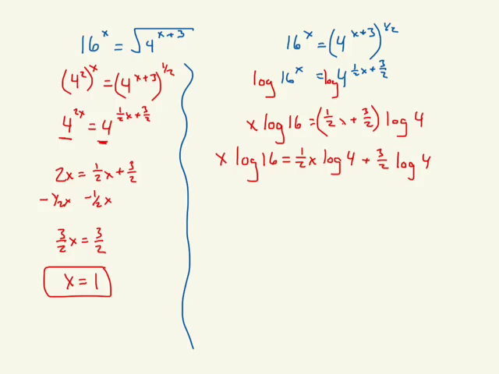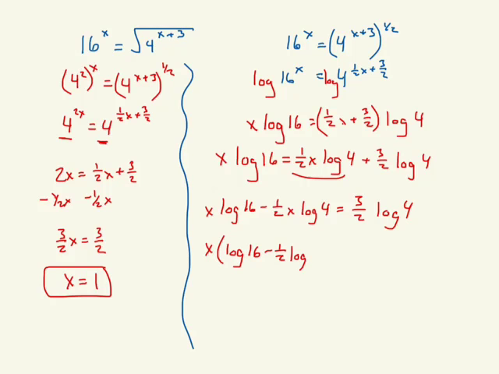And then we'll subtract this guy over to the other side. So we get an x log of 16 minus a 1/2 x log of 4 equals a 3/2 log of 4. Pull out our common factor of x. Give ourselves a log of 16 minus a 1/2 log of 4. Set that equal to a 3/2 log of 4.